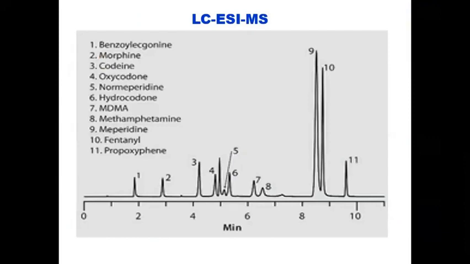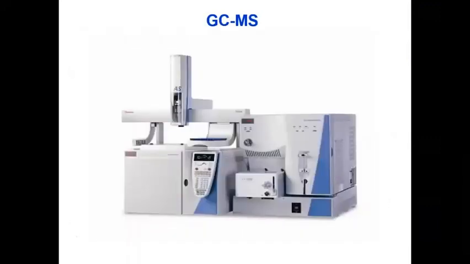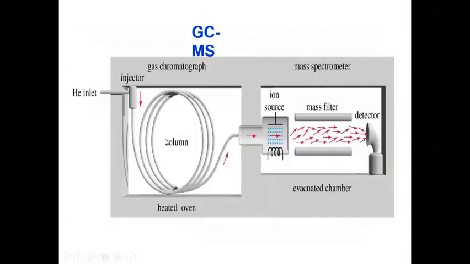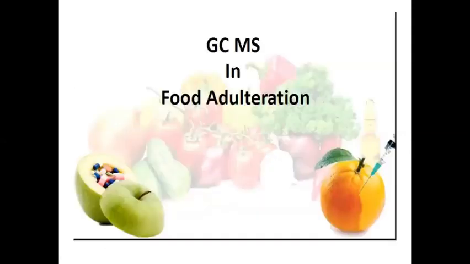We can use ESI-MS for determination of different illegal drugs, banned drugs. Then this is an image of GC-MS. In GC-MS, the GC part will separate the molecules, and the mass spectrometer will detect them.